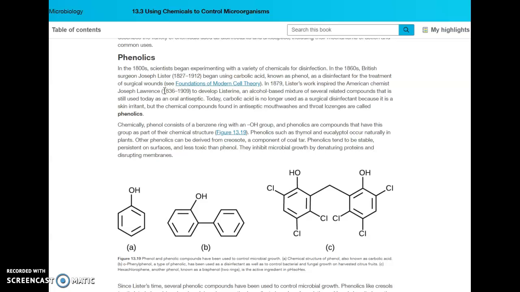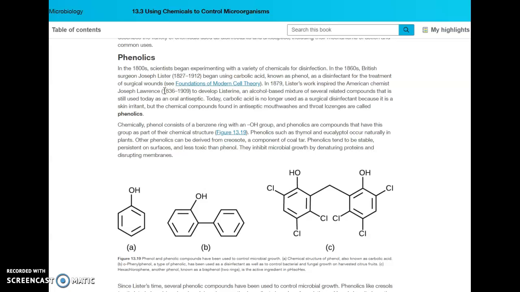In 1879, Joseph Lawrence used Lister's work to develop Listerine, which of course we still use today as a mouthwash, and it has different disinfecting compounds in it. Today we don't use carbolic acid or phenol because it can be damaging to the skin. It can cause irritation.